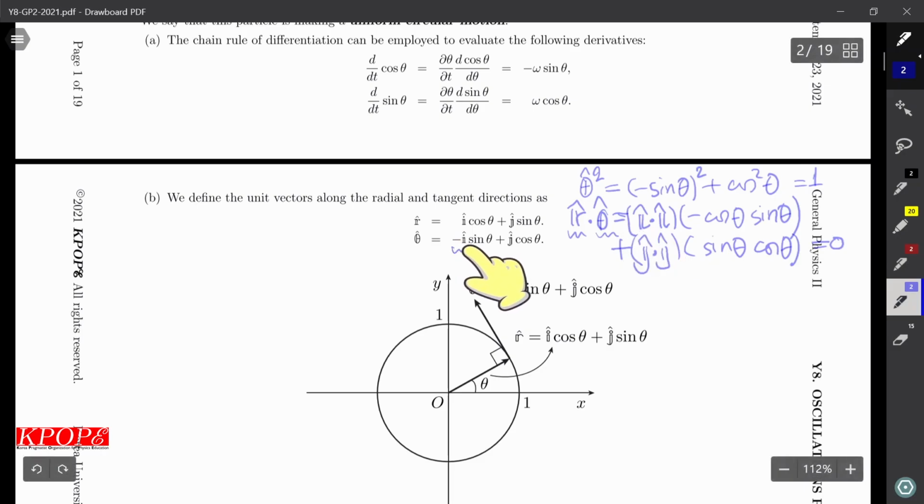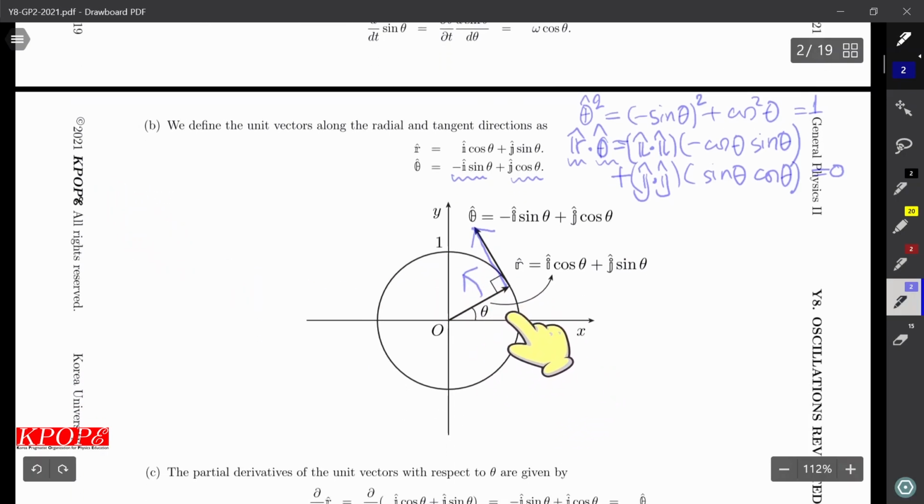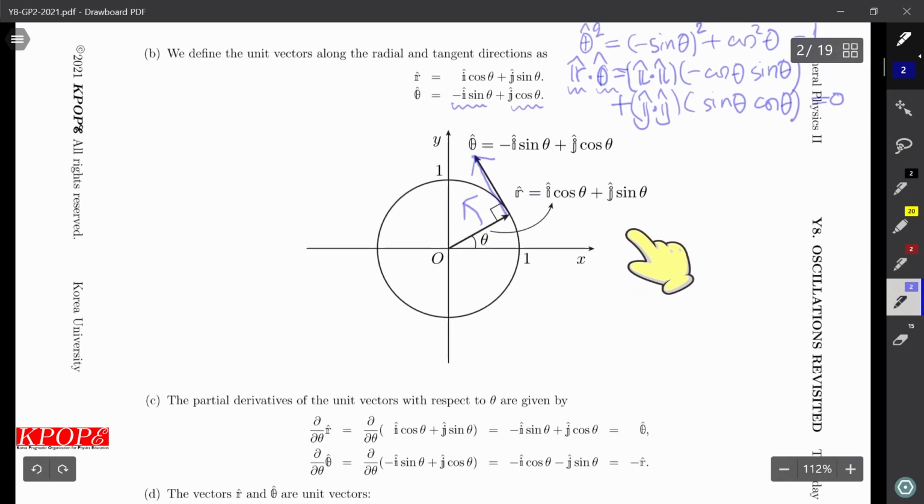The x component is negative and the y component is positive, so the direction is toward the increasing direction of the polar angle.